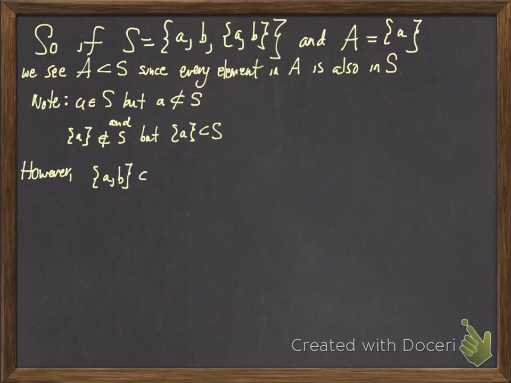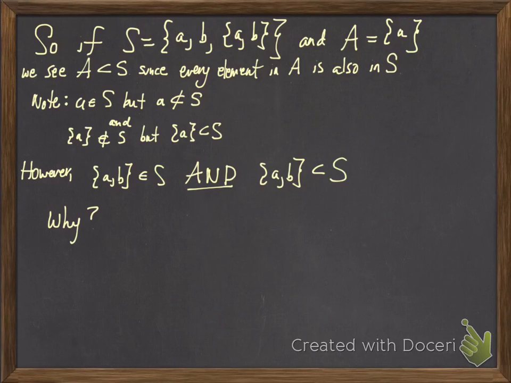However, the set containing a, b is an element of our set S, and guess what? It's also a subset of S. Why is that true? Well, look at what S is. It contains three elements. One of those elements is the set containing a, b, and that's why the first piece is true.